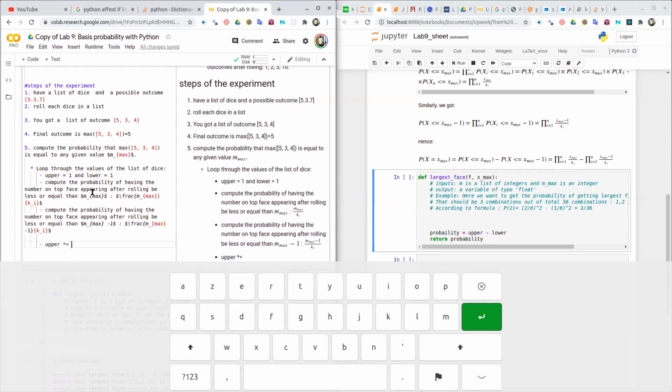You store it, for example, in P up. And this in P log.